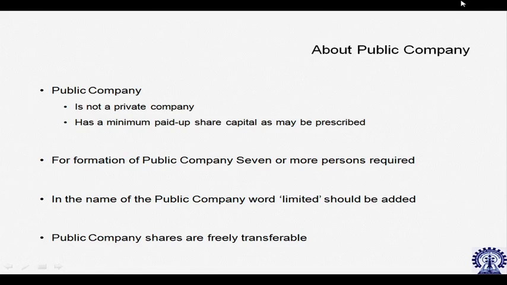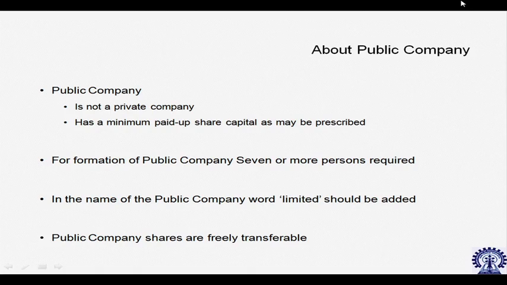For the formation of a public limited company, you need to have 7 members. In contrast, for a private limited company, you need to have only 2 members. In case of a public limited company, you need to insert the word limited in the name.